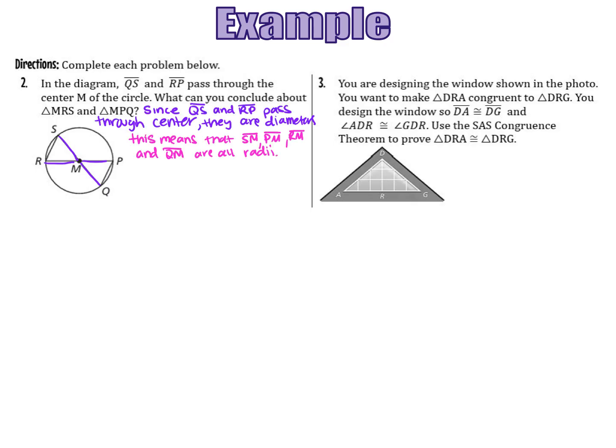Again, since QS and RP pass through the center, those are diameters. That means that each of these segments that go from the center of the circle to the edge is a radius, and all radii have the same length. So what that means is I could start by saying that SM is congruent to QM.